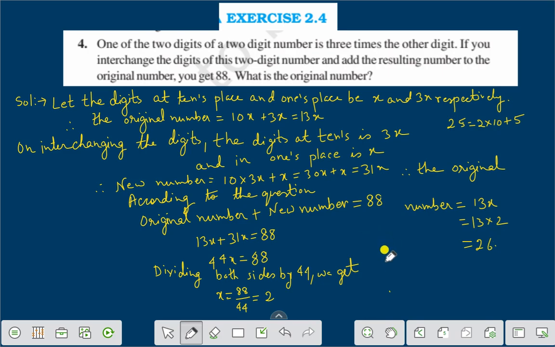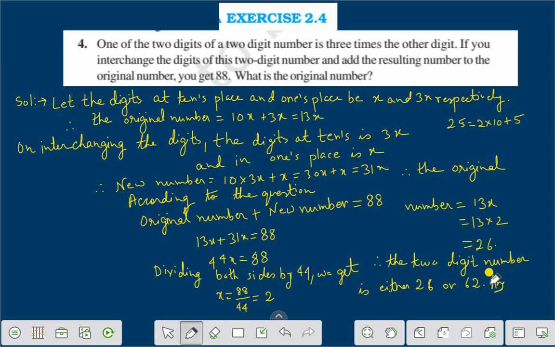Therefore, the two-digit number is either 26 or 62, right?